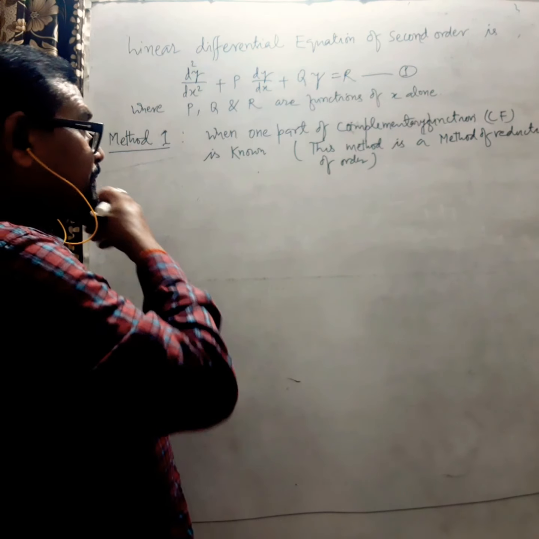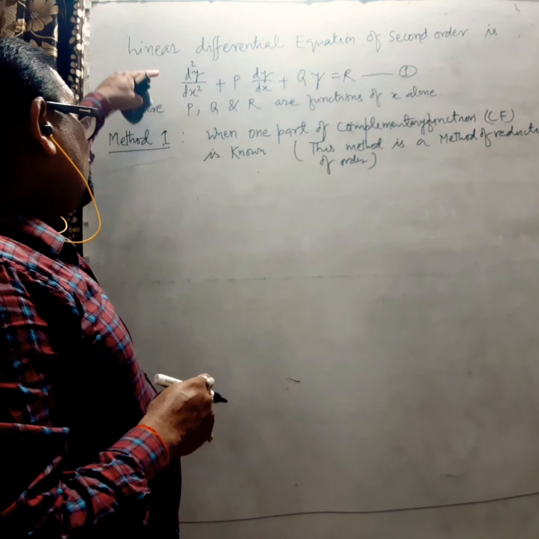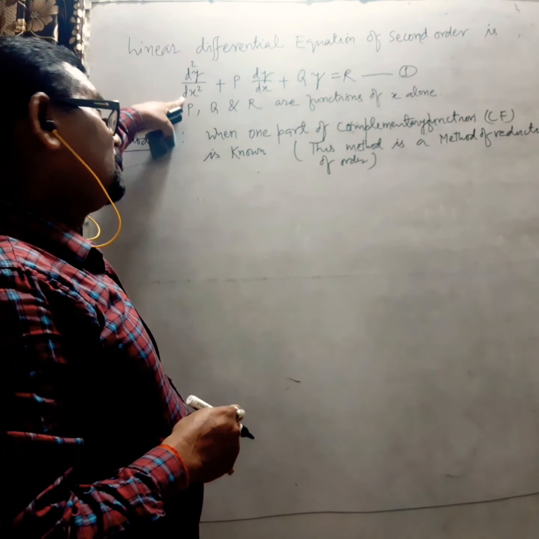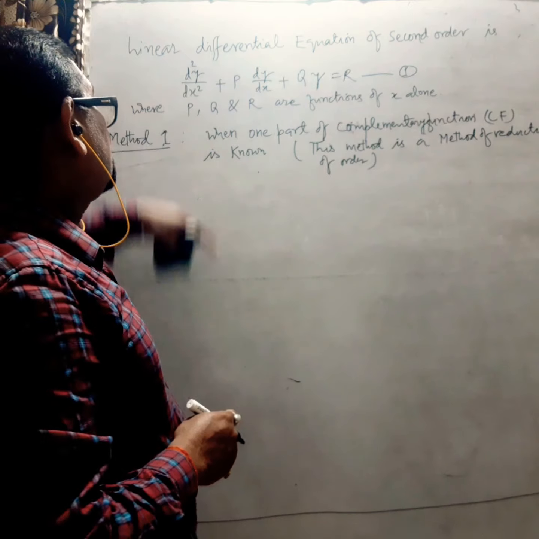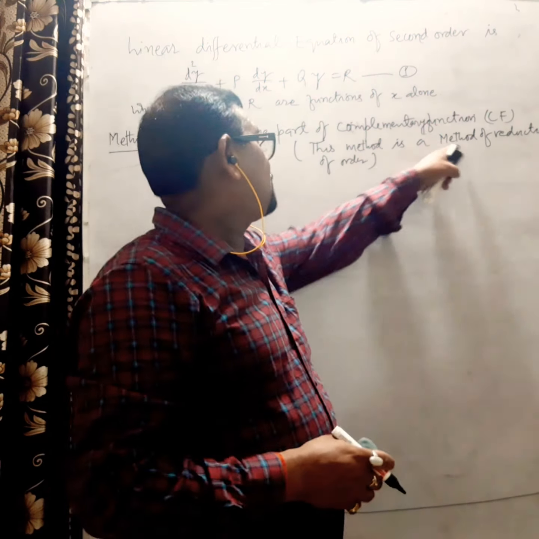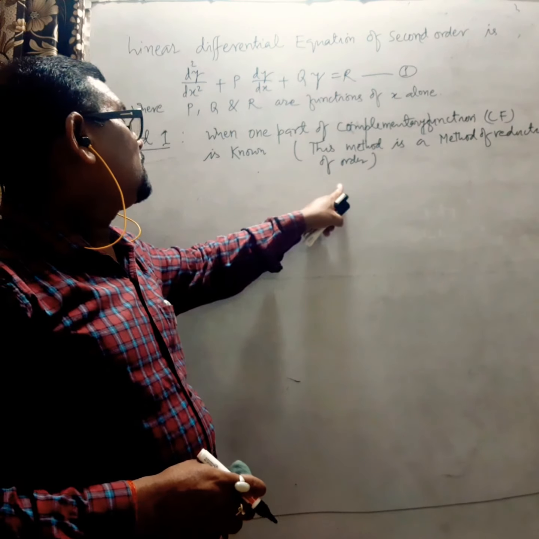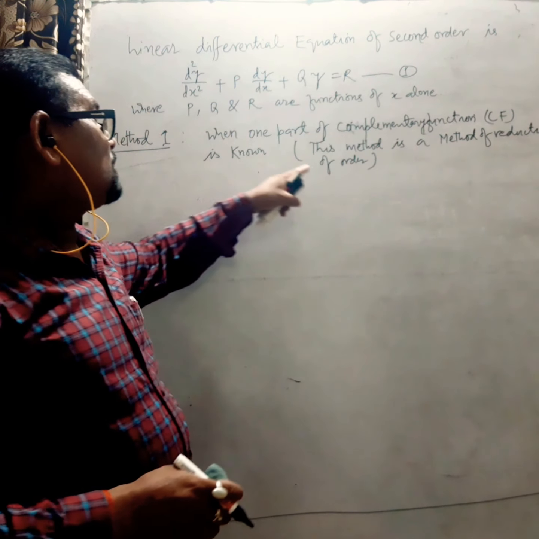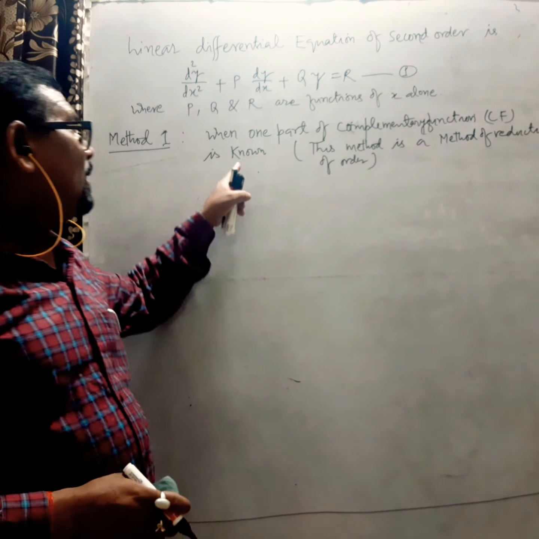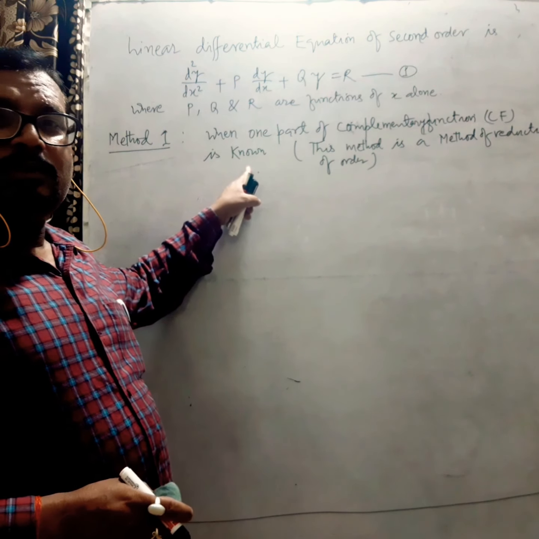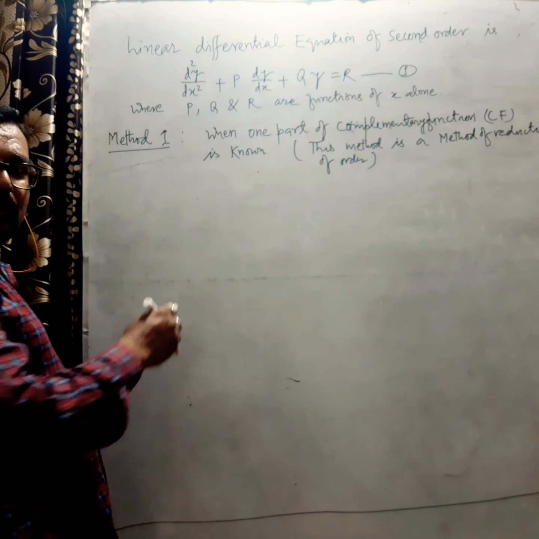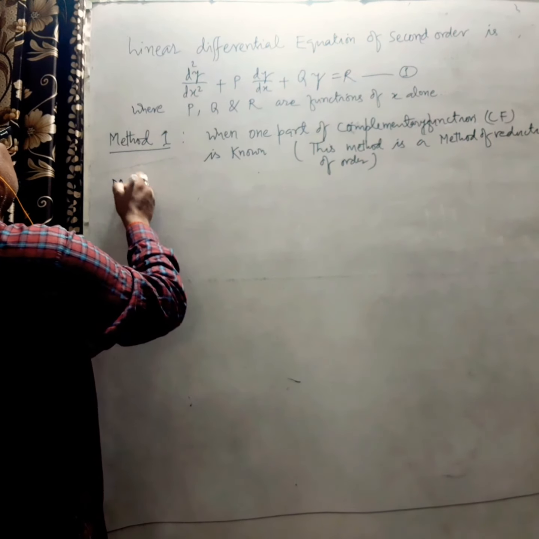Actually, when one part of the complementary function is known, then we can solve the differential equation by the method of reduction of order. This is called method 1.